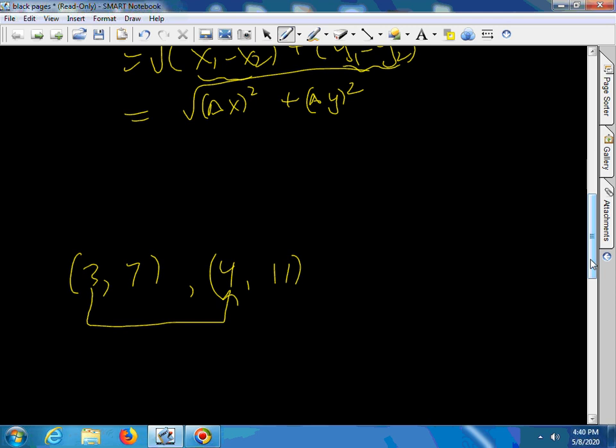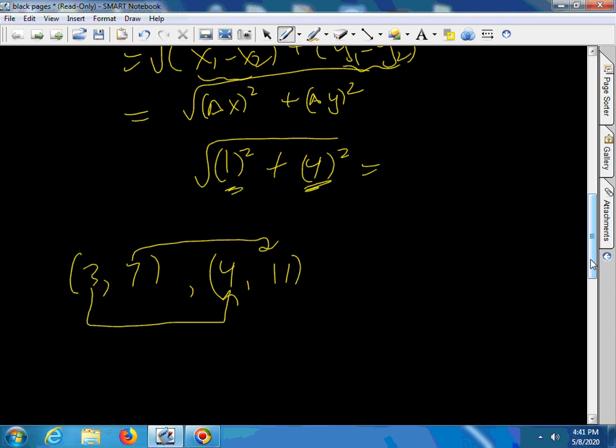It's from 3 to 4. It's 1. So 1 squared plus, what's the change in y? You go from 7 to 11, what's the change? It's 4. Square root, this is 16, this is 1, the square root is 17. Don't have to subtract and all that stuff.